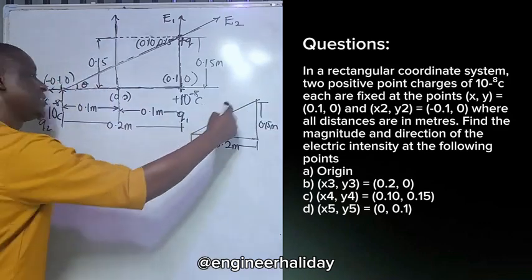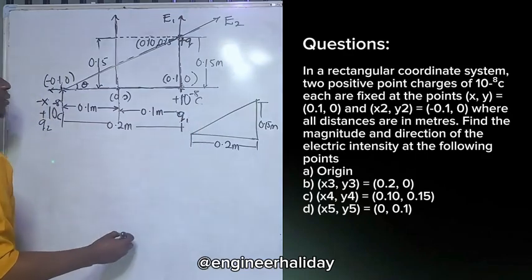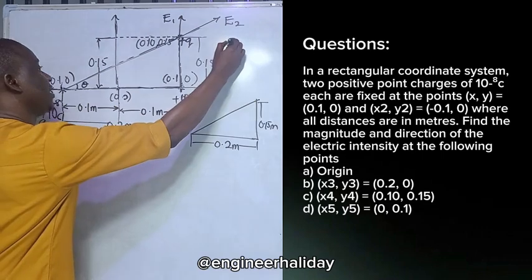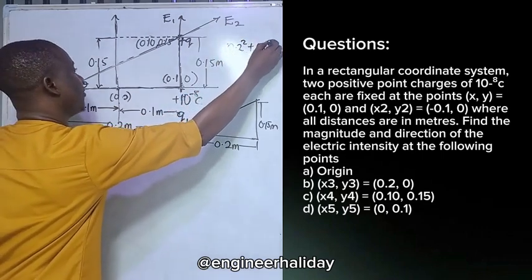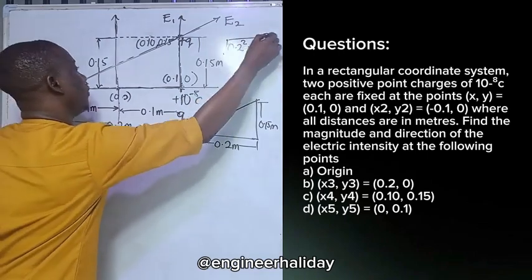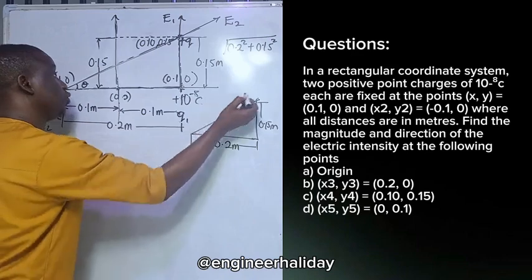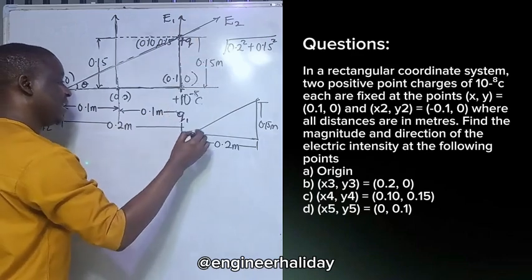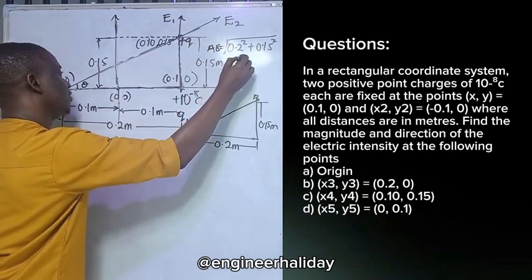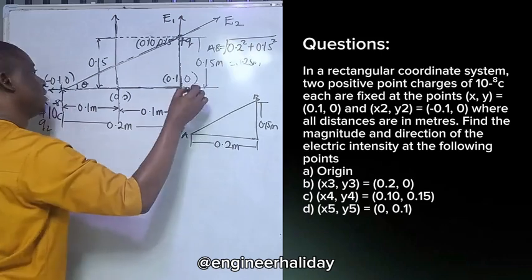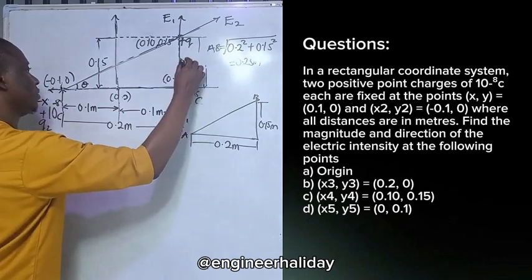So to find this side, you use Pythagoras theorem. That gives us 0.2 squared plus 0.15 squared, and the square root of everything will give us this. Let's say this is A and there is B. So AB will be equal to 0.25 meter.